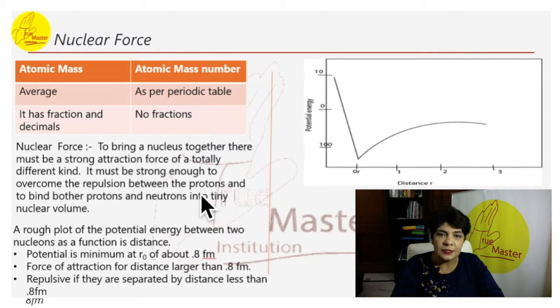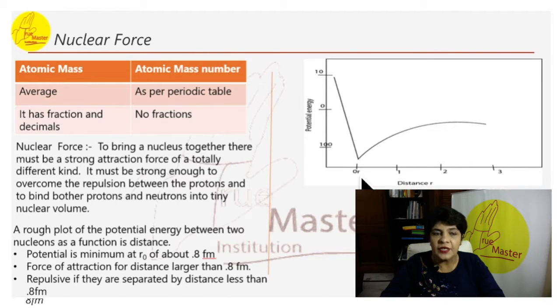Variation with distance: a rough plot of potential energy between two nucleons as a function of distance is shown here. The potential energy is minimum at R. There is a force of attraction for distances larger than R. When the distance becomes larger than R, we note the potential energy gradually decreases to 0.